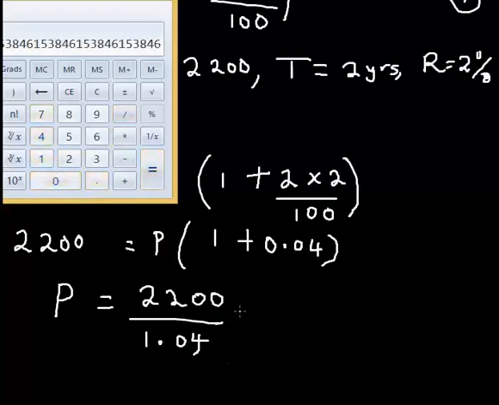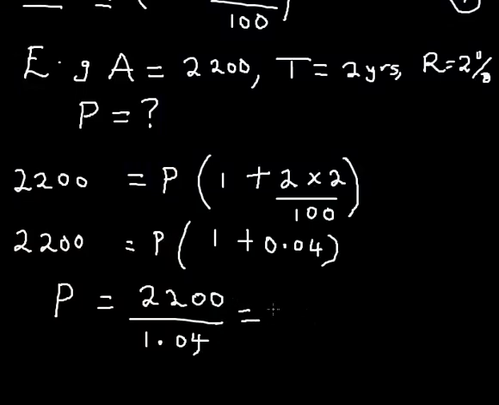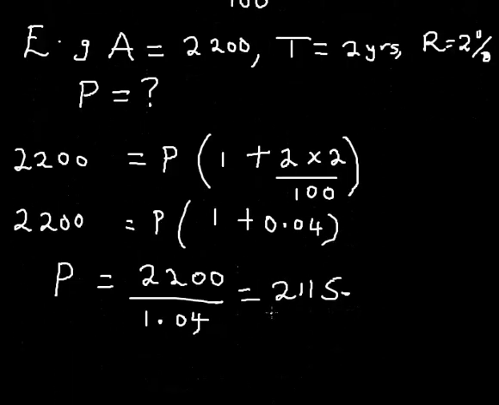So the principal is approximately 2,115. That's just by the way, and of course in naira. Now we're going to be looking at another type of interest, which is known as compound interest.